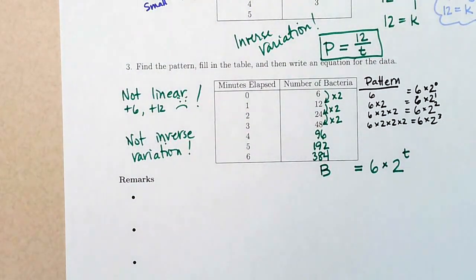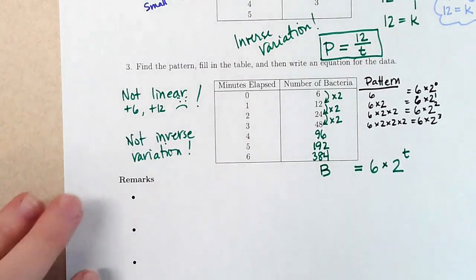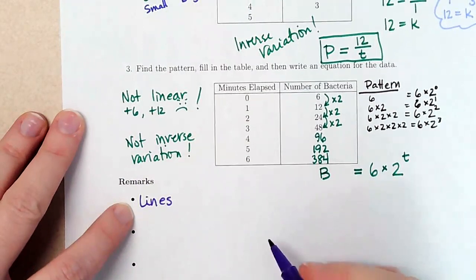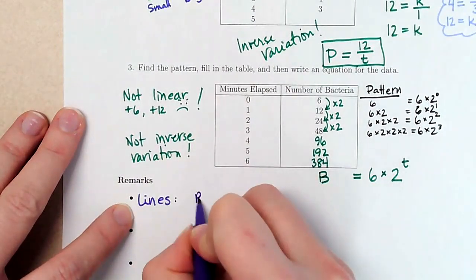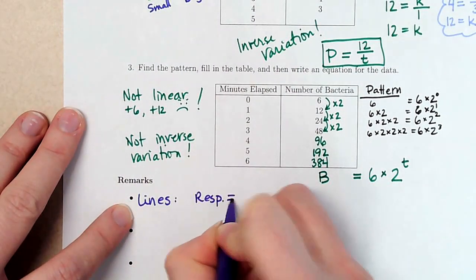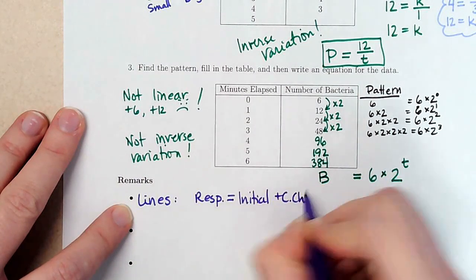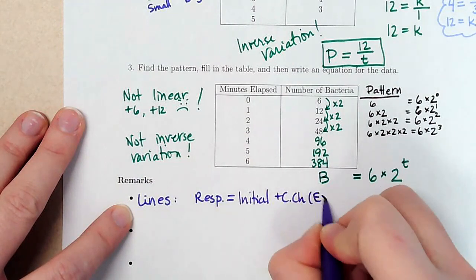So a couple of remarks. First remark is that lines have the response variable equal to the initial plus the constant change times the explanatory variable.